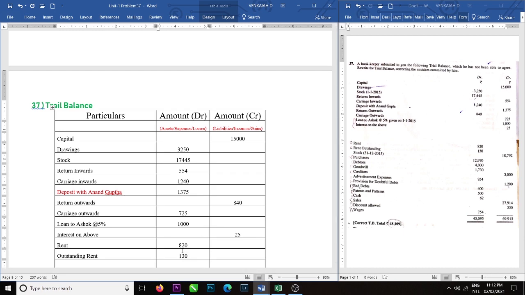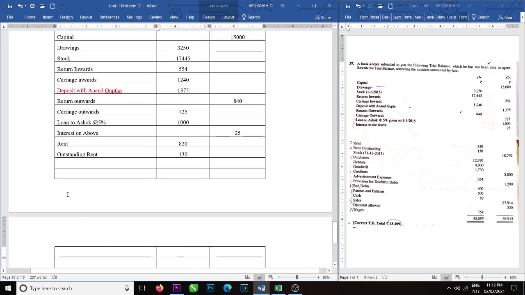Next one is stock on 31st December. It is closing stock. It is not to be mentioned in trial balance. It is out of trial balance. Then purchases, 12,970.